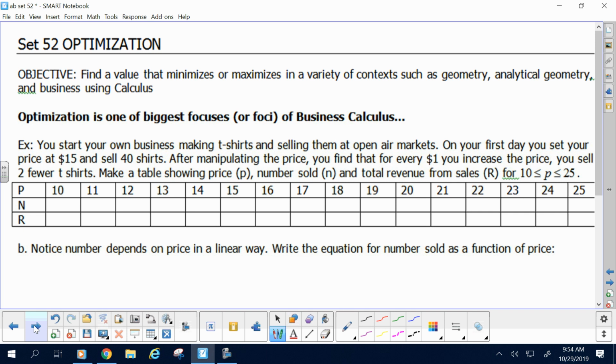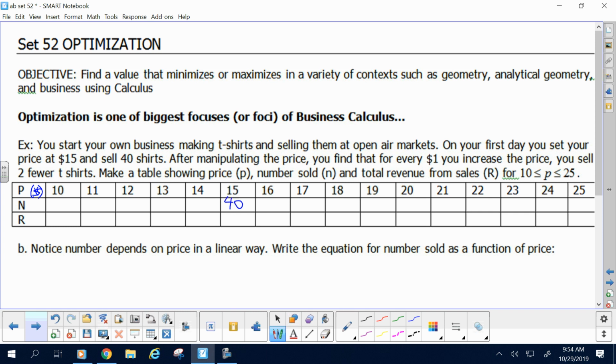So I tell you that when the price is set at $15, this is in dollars, the number you sold was 40. With that then, what's the revenue? And please notice, I didn't say profit. What's revenue? Revenue is how much you take in.